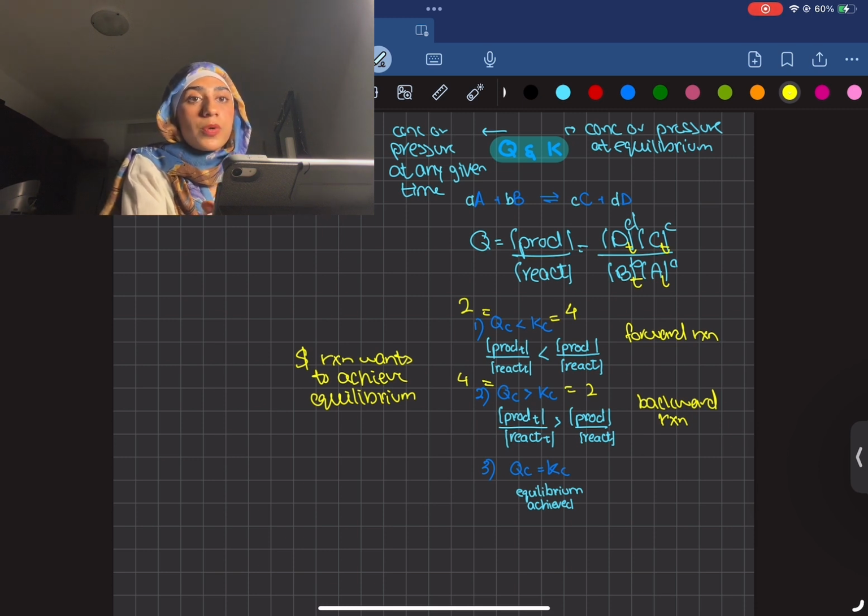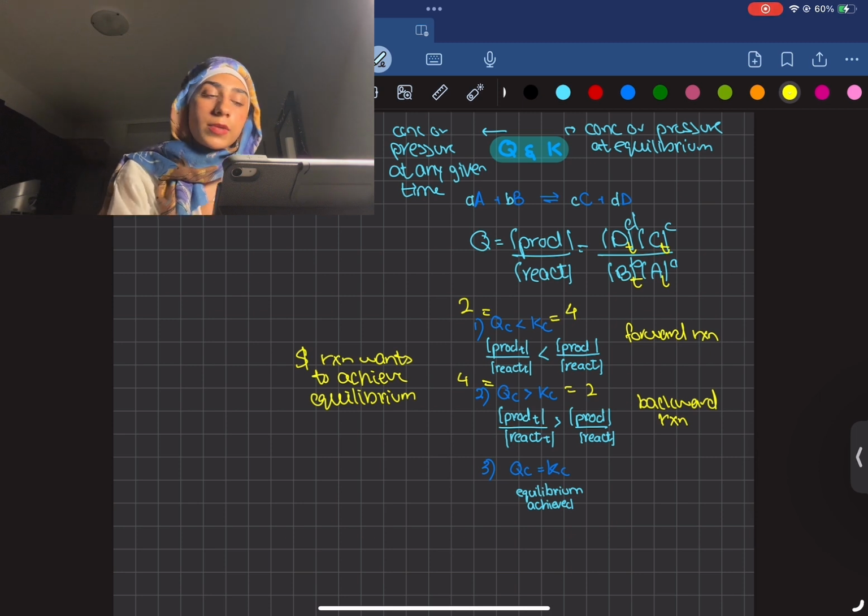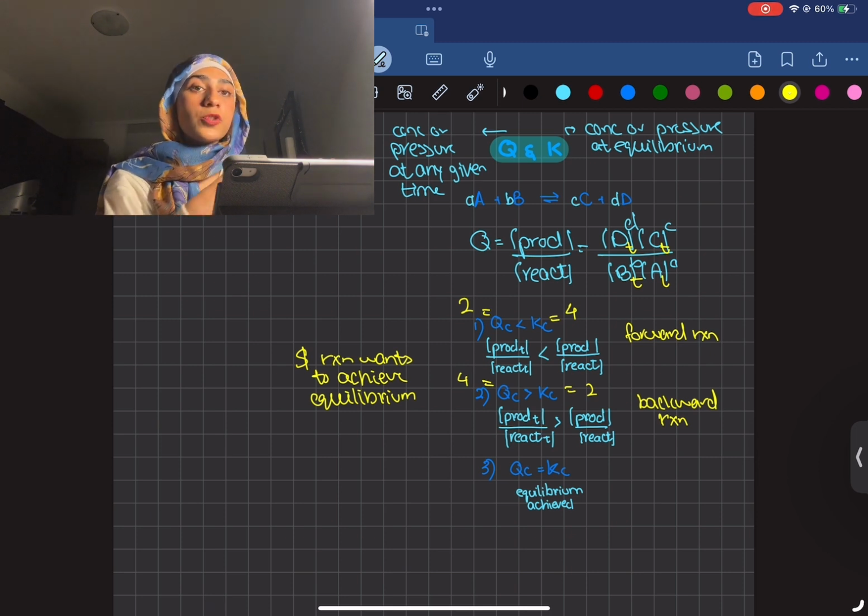So now I want to bring my reaction back to the point of equilibrium, because my reaction is ahead of equilibrium now. To bring it back, I will say that my backward reaction is being preferred. And there's another way we can look at it: because I want my Qc value to lower, I want the 4 to reach the value for Kc, which is 2. How can I do that?